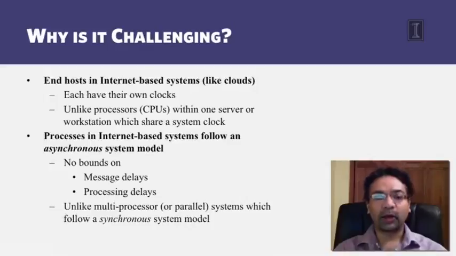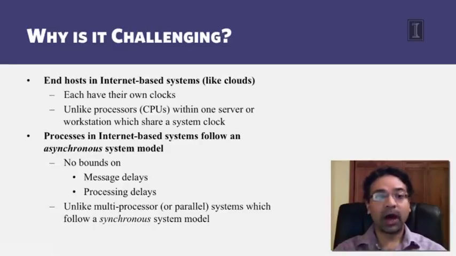But unlike the processors on a single machine which share the same system clock, in a distributed system, which is known as an asynchronous distributed system, which is an internet-based system, the different processes running on different machines don't necessarily share the same system clock. Essentially, all they share is a network through which they can send messages.